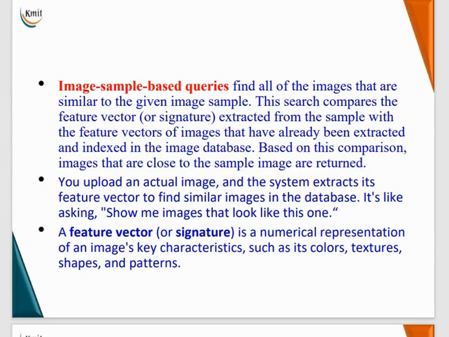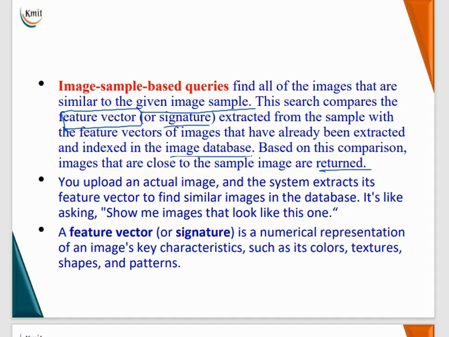Next, image sample based queries find all of the images that are similar to the given image sample. This search compares the feature vector or signature extracted from the sample with the feature vectors of images that have already been extracted and indexed in the image database. Based on this comparison, images that are close to the sample image are returned.